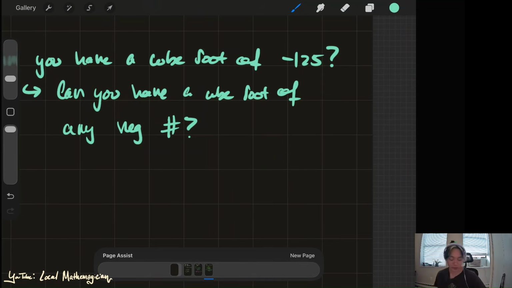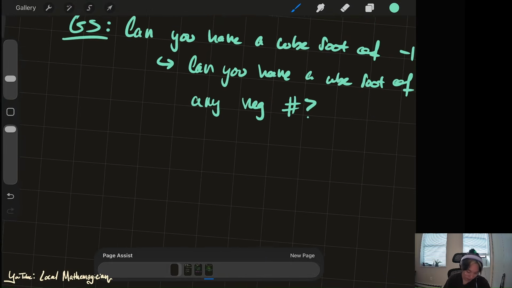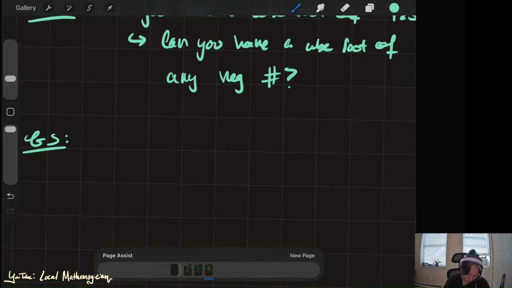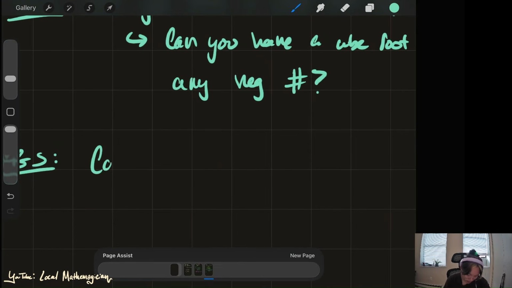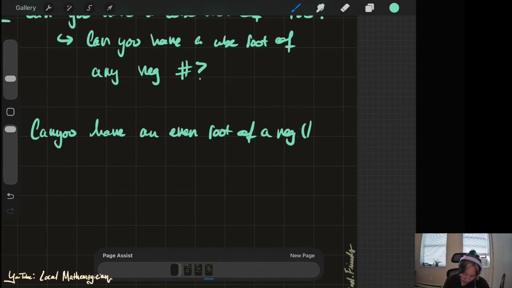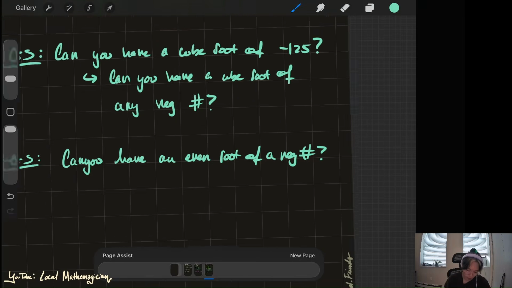All right? The next question I want to ask is, can you have an even root of a negative number? So an even root is like the second or square root or a fourth root or an eighth root, and so forth.